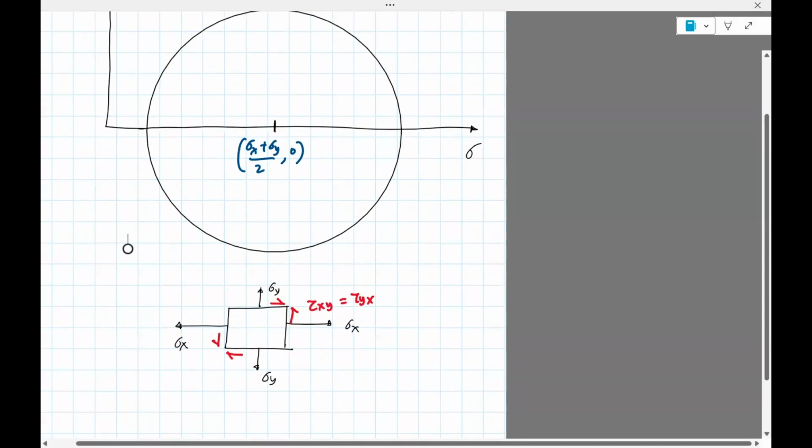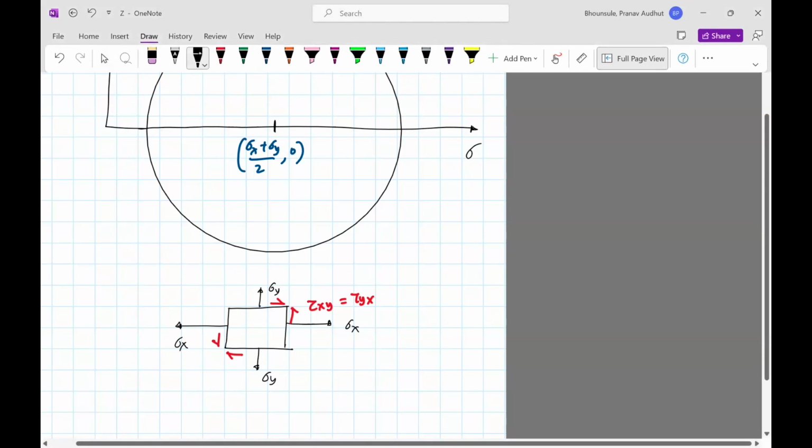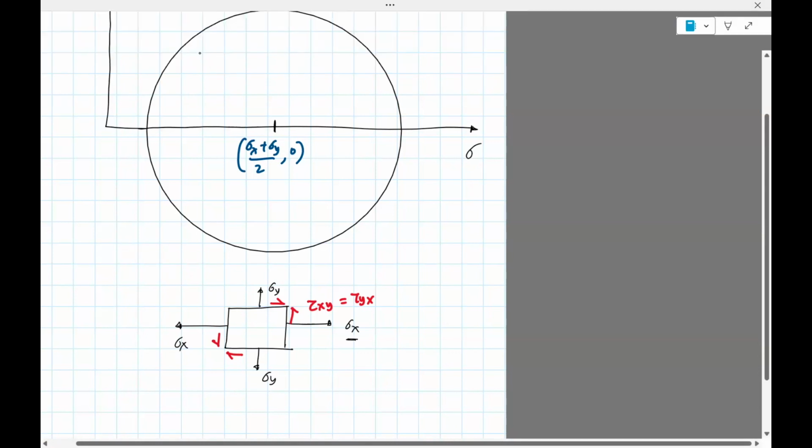Once you have sigma x and sigma y, you take the mean, and that's the center of the circle. Now remember that when you have a problem, you typically know the values, for example sigma x, sigma y might be 50 psi or 100 kilonewton per meter squared. So you know the values of sigma x, sigma y, and tau xy.